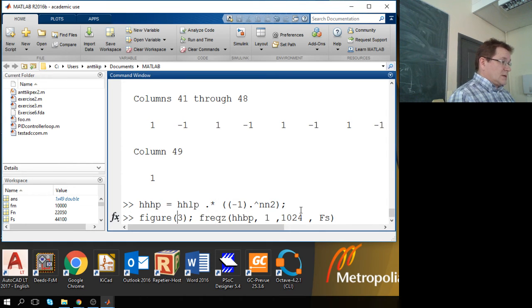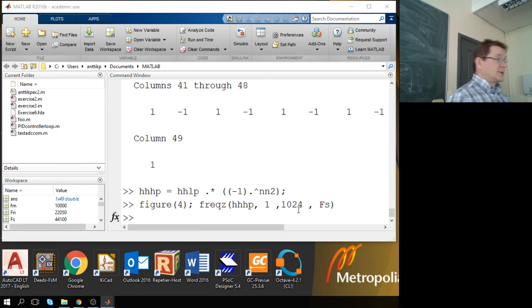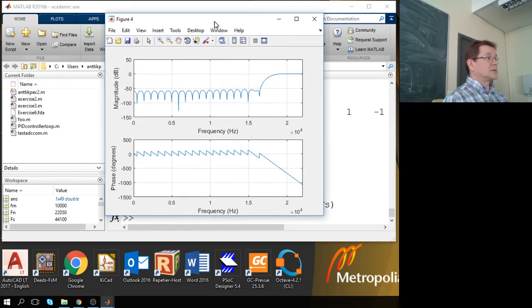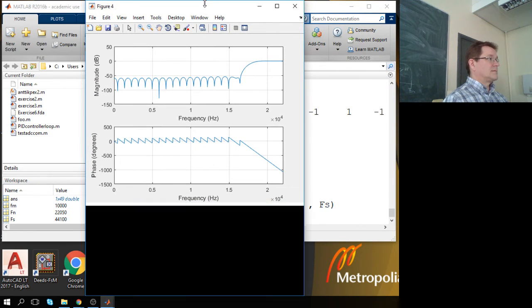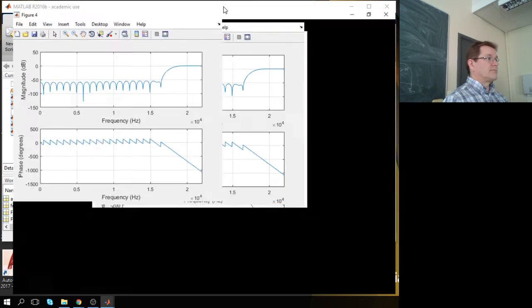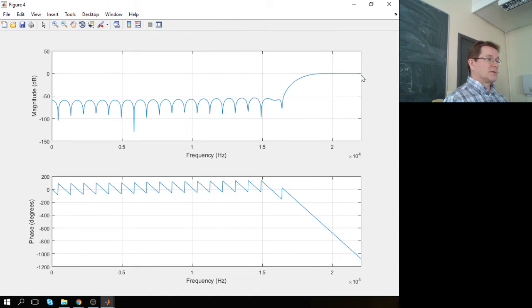All right, so let's add some pictures, and this was high pass filter, and it looks like that. Oops. There you go. So now the cutoff frequency of this high pass filter is something like, well, 22,050 minus that 4 kilohertz.